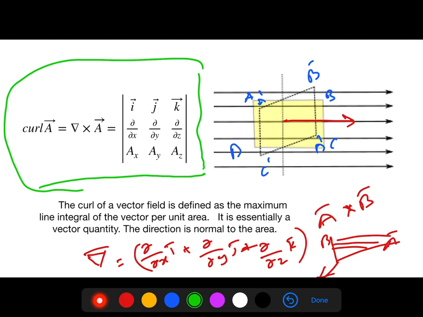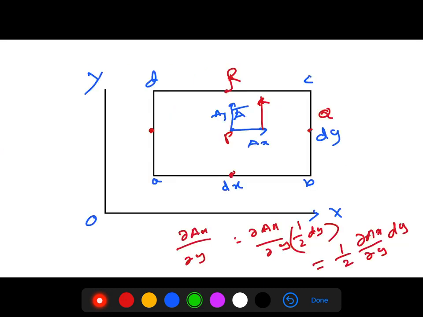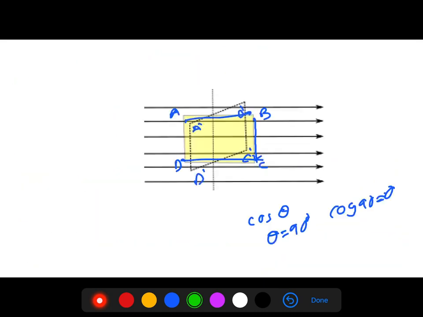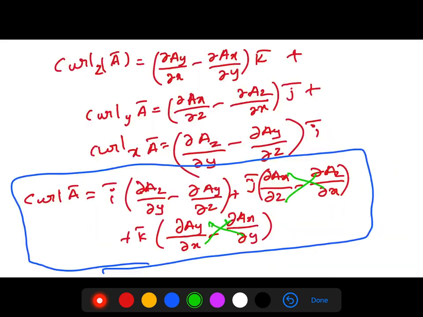So let's see different types of vector fields. This is about the curl and the expressions. Now let us see fields having no divergence and no curl. Case 1: no divergence means del dot A equal to 0, and no curl, del cross A equal to 0.